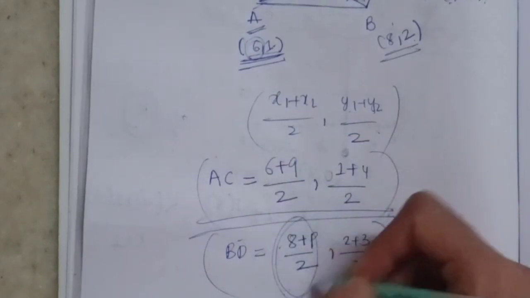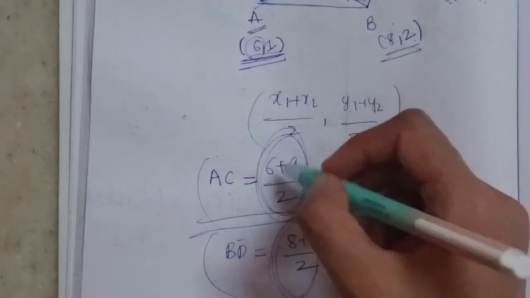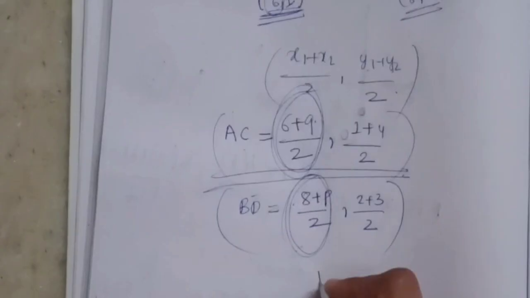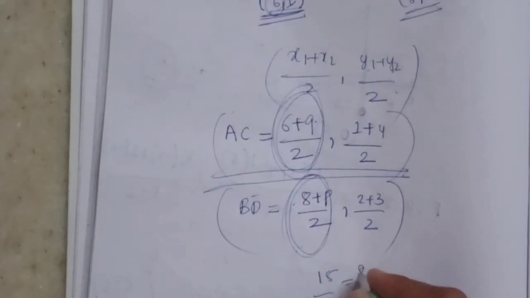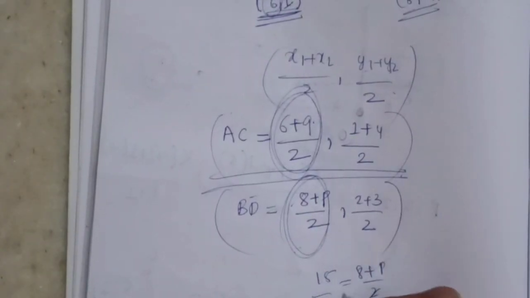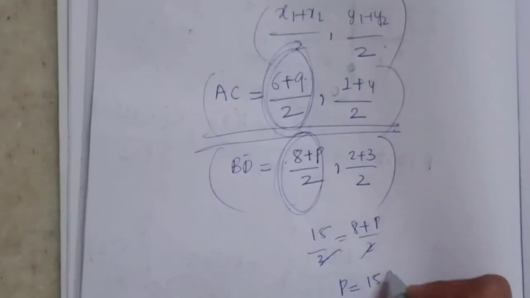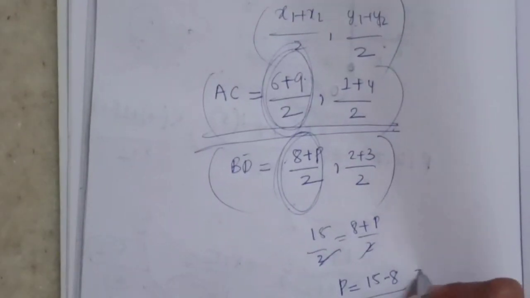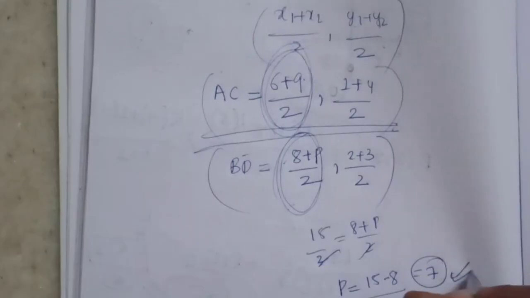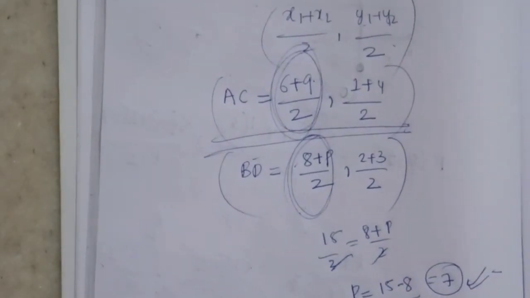So we want P. Just equate the x coordinates. 15 by 2 is equal to 8 plus P by 2. 2 cancels. P is equal to 15 minus 8, which is 7. The P is 7. That's all.